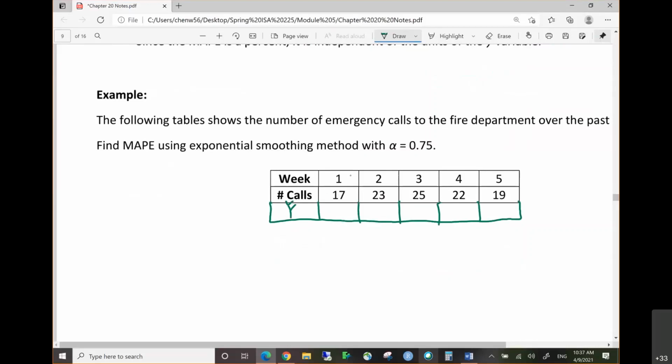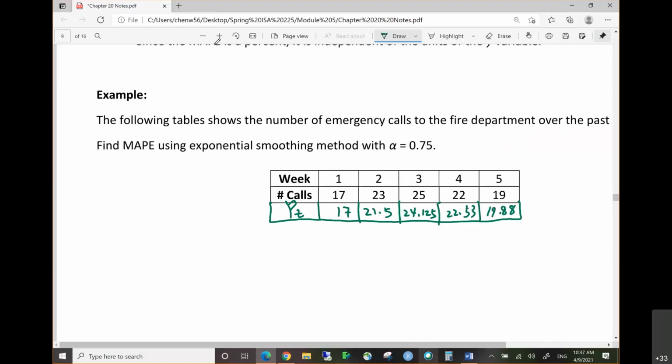So we have the estimated values of y. The first one stays the same, 17. The next one we calculated as 21.5, the next one as 24.125, the next is 22.53, and the next is 19.88.